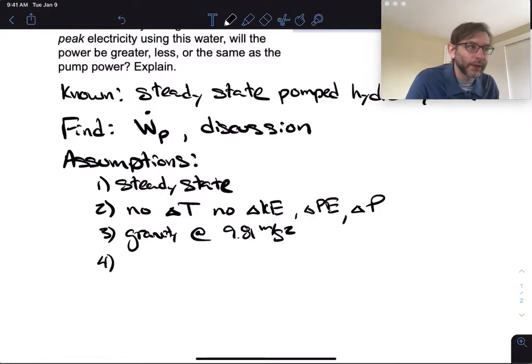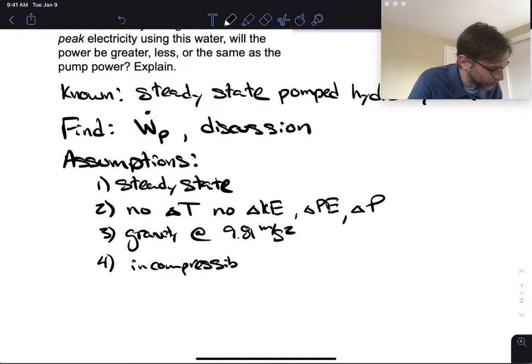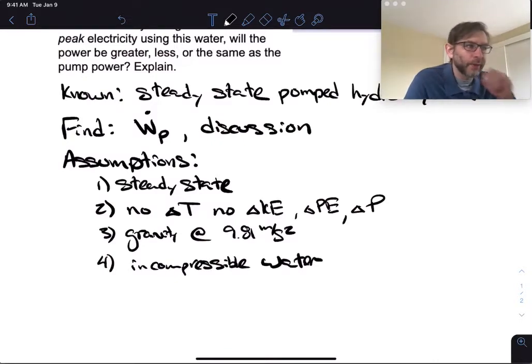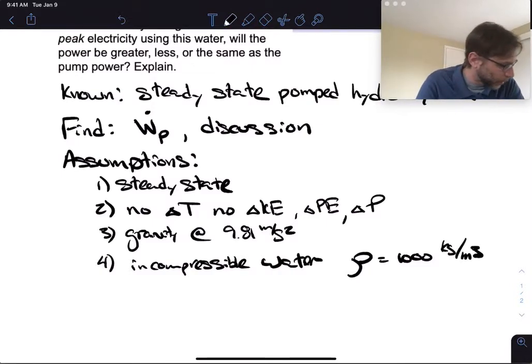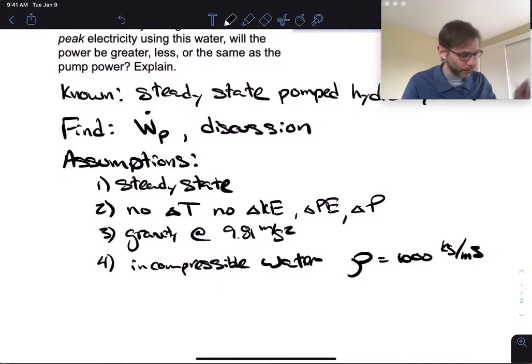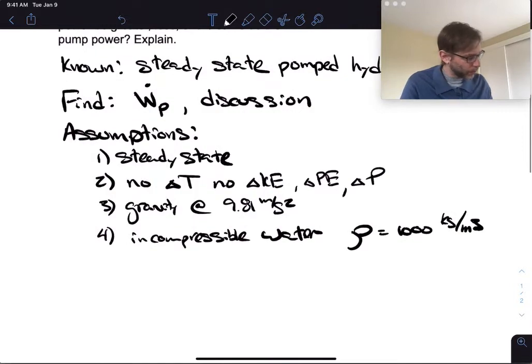We're going to want incompressible water, and I don't think we need to do anything with temperatures here, because the temperature is not changing. It's going to be the same temperature inlet and outlet, so we don't have to really worry about it. We're just going to assume that density is 1,000 kilograms per meter cubed, or 0.001 meters cubed per kilogram for little v.